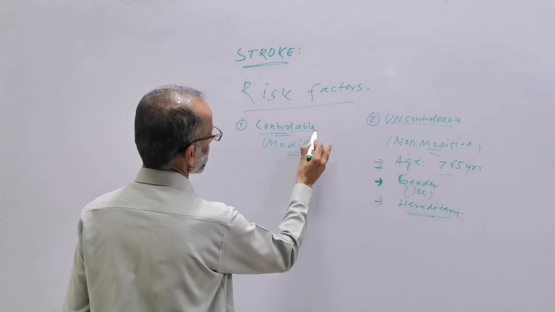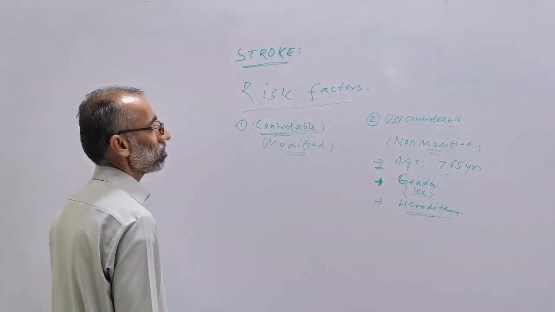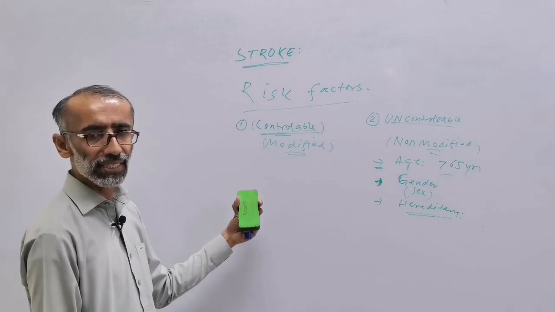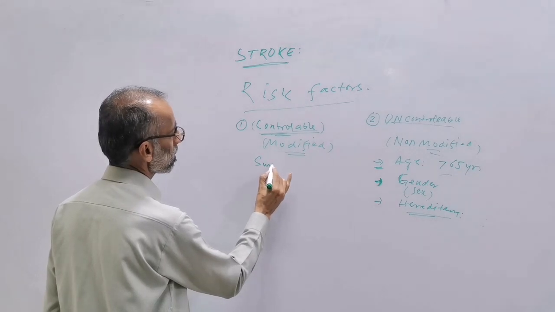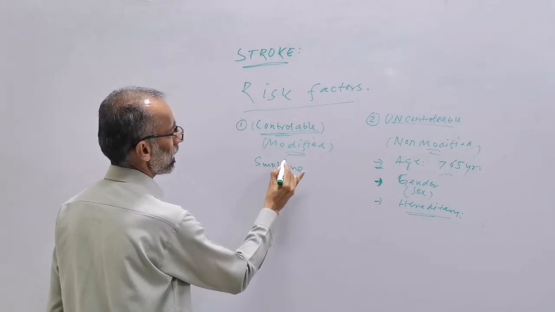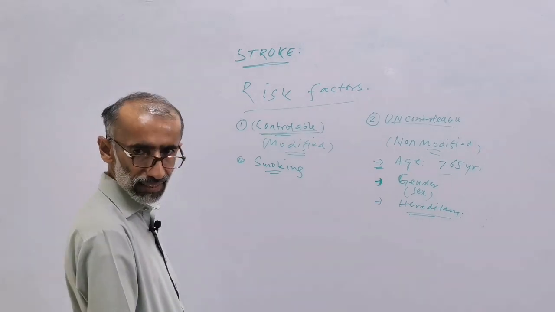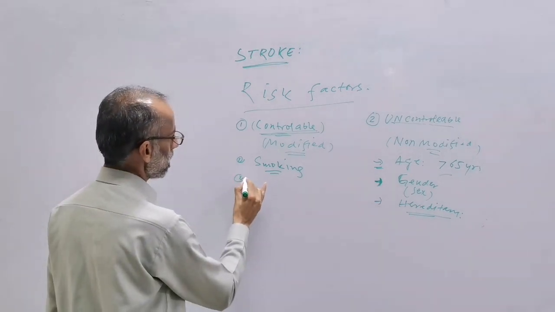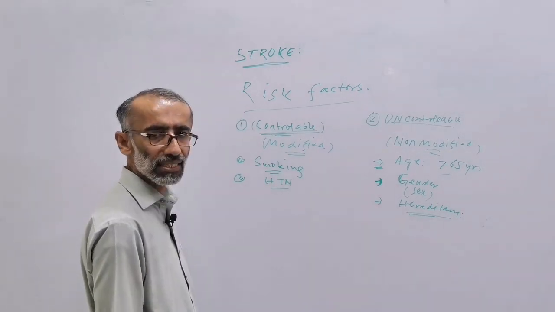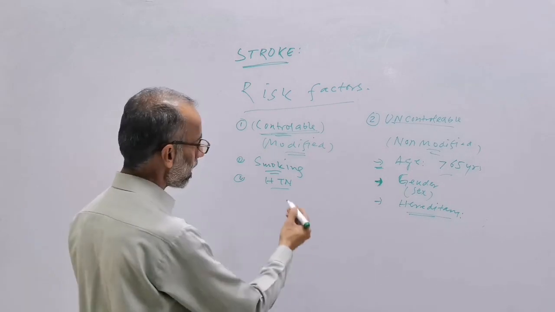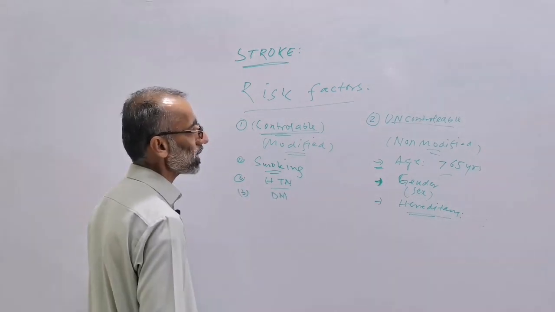While those risk factors we can control are called controllable risk factors or modified risk factors, such as smoking. Smoking is a risk factor for stroke. We can quit smoking. Hypertension is a risk factor. We can control hypertension. Diabetes mellitus is a risk factor.